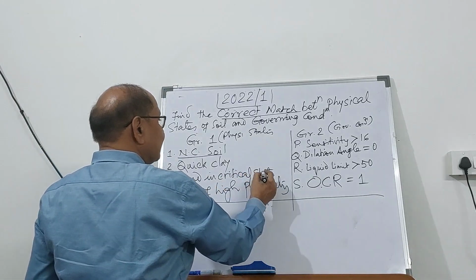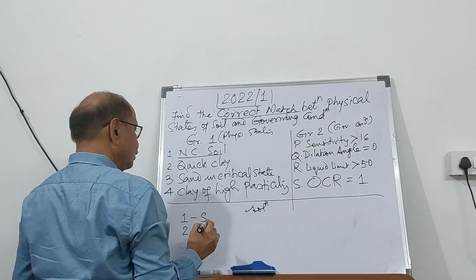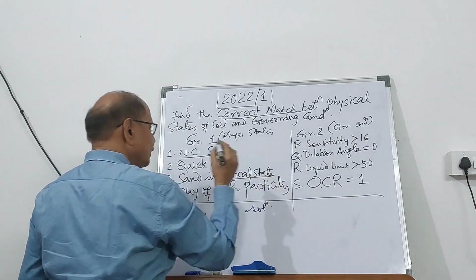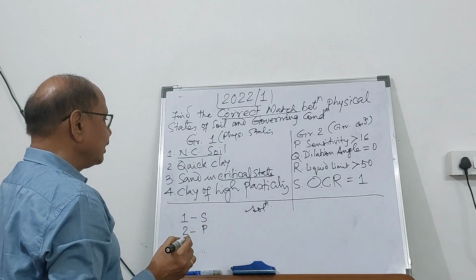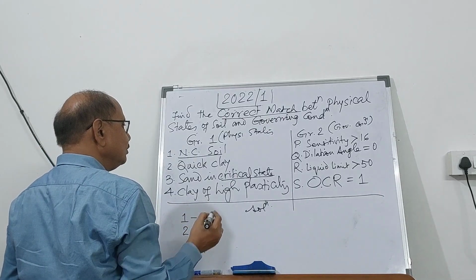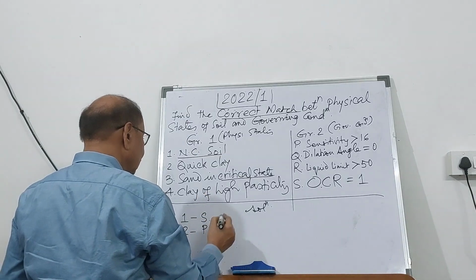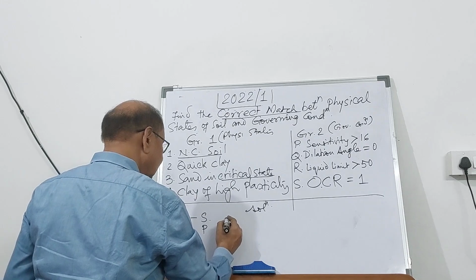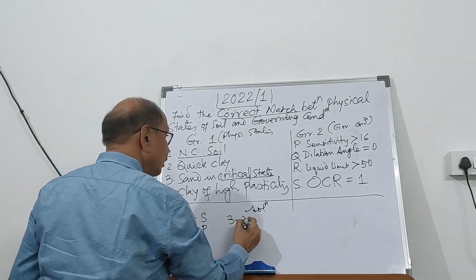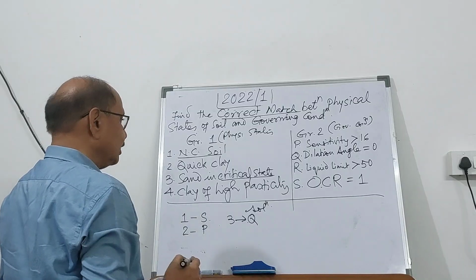Sand in critical state, the dilation angle will always be 0 because it is in critical state. So the third one matches with Q, dilation angle.